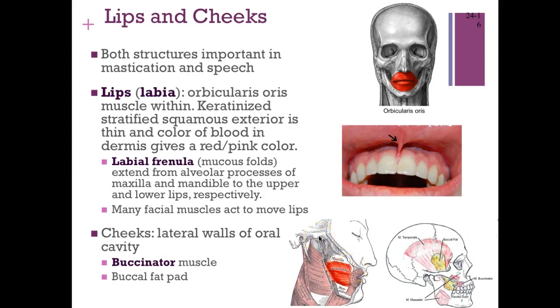Your cheeks, you already know, are the lateral walls of your oral cavity, and once again a mention of this buccinator muscle helps you compress your cheeks in order to play wind instruments, or babies that have to suckle for milk will have a greatly developed buccinator muscle. We also have a buccal fat pad in this region as well. You can see that pictured right in here.